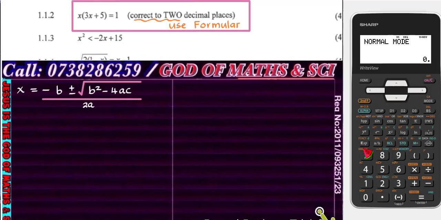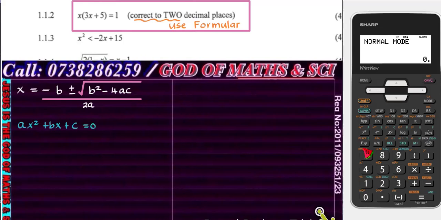Now, we need to write this in standard form. You might not know it by that name, but we need to write it as ax squared plus bx plus c equals 0.